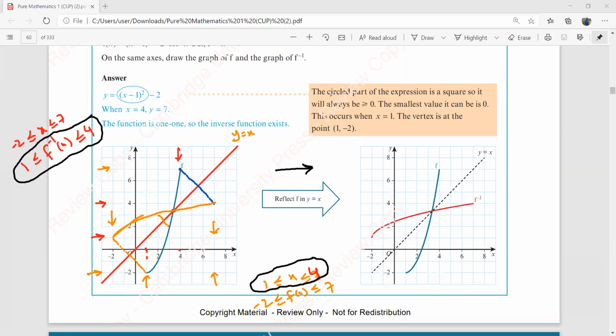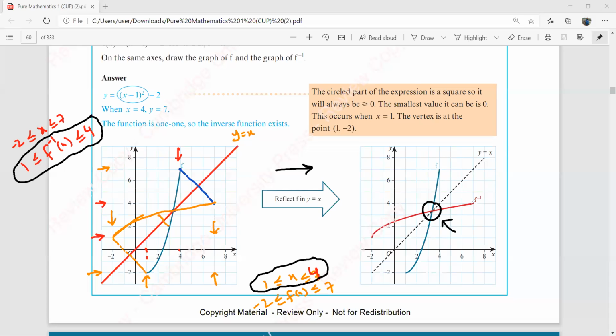Now, when you are reflecting this in the line y equal to x, you have to show this line dotted. You have to make sure that both the graphs intersect on the line y equal to x. This is what will give you the marks. Both the graphs should be intersecting on this line of reflection, which is y equal to x.